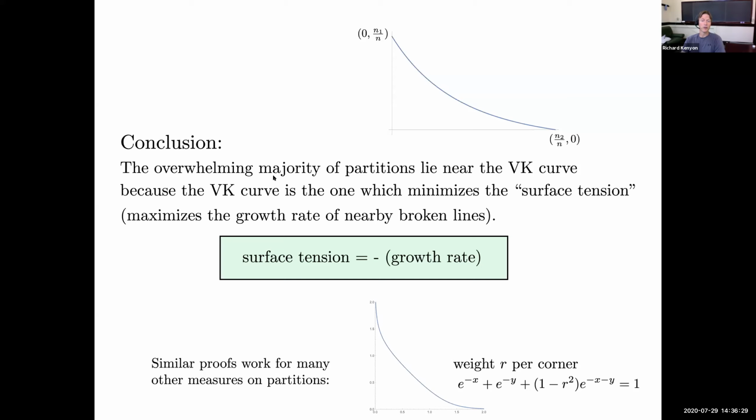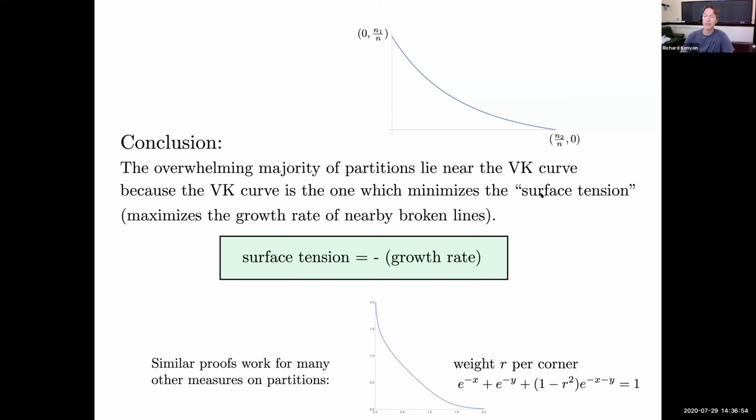Okay, maybe I skipped over that too quickly, but the point is that the overwhelming majority of partitions lie near the Vershik-Kerov curve, because it is the one which minimizes the surface tension, or in other words, maximizes this integral of the Shannon entropy, which is essentially the growth rate of the nearby Young diagrams.